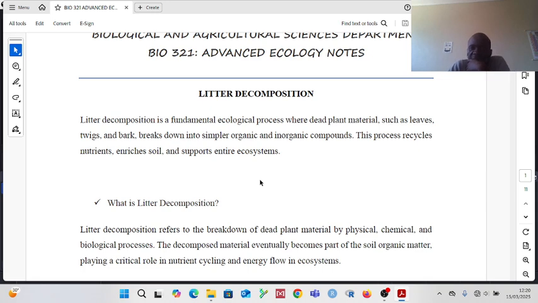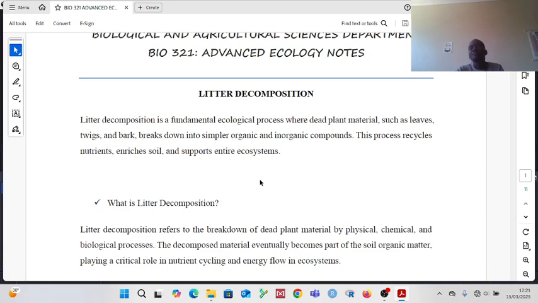By breaking down this dead plant material, nutrients get to be recycled, because whatever components the plant material has will be recycled back into nutrients, which then enriches the soil because it will eventually get incorporated into the soil. And by doing so, the entire ecosystem gets supported.